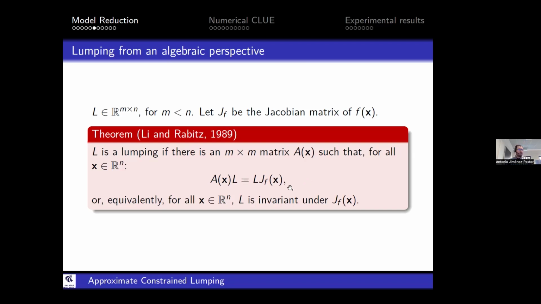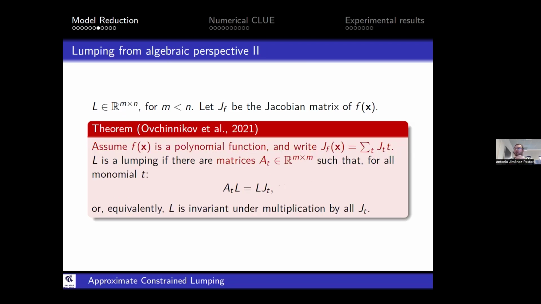And afterwards, this criterion was used by Ovchinnikov and company to develop an actual and effective algorithm to compute lumpings, or at least to check if something is a lumping, because in the case that you have a polynomial f, then the Jacobian is also a polynomial. So you can split the Jacobian matrix into a sum of constant matrices and monomials that appear in your Jacobian.